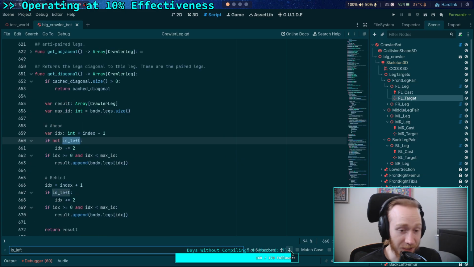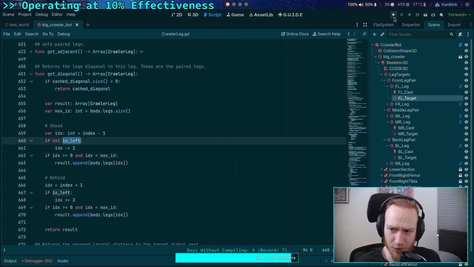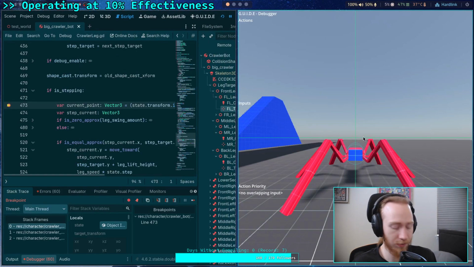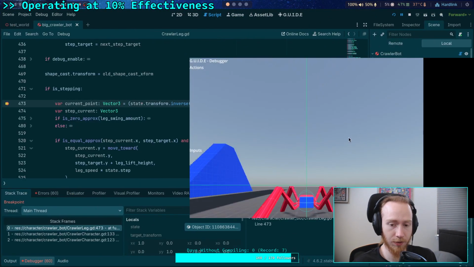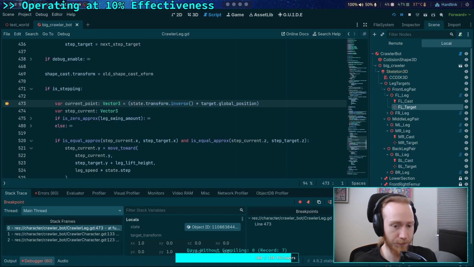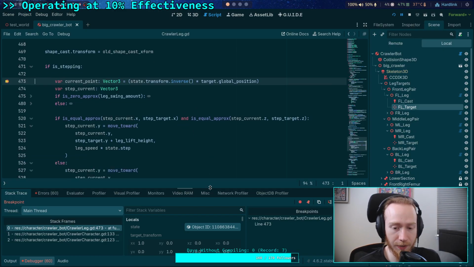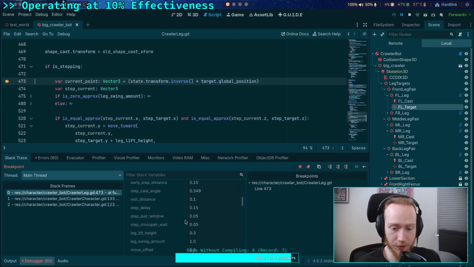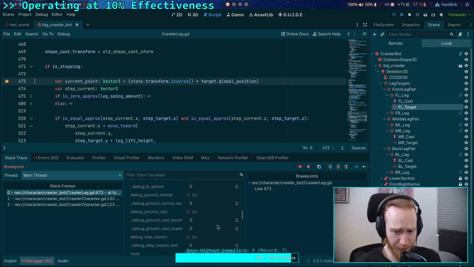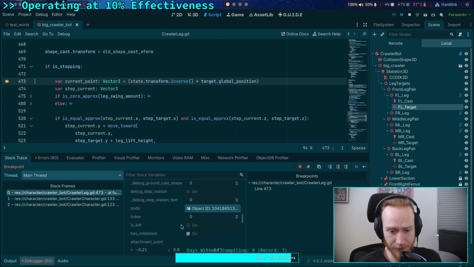Does it have to be accessed first for that to work? That's weird. Okay, whatever. I'm going to ignore the fact that is left is not true when it should be, because the index is even, and so is left should be true.